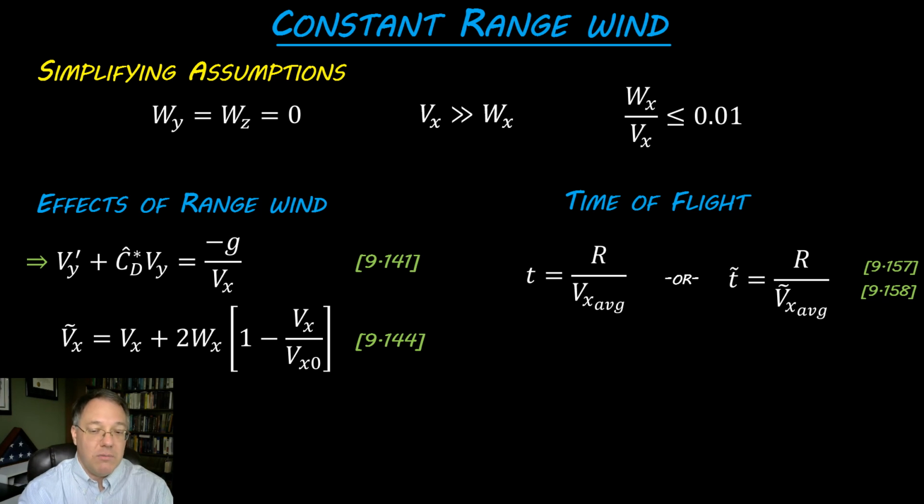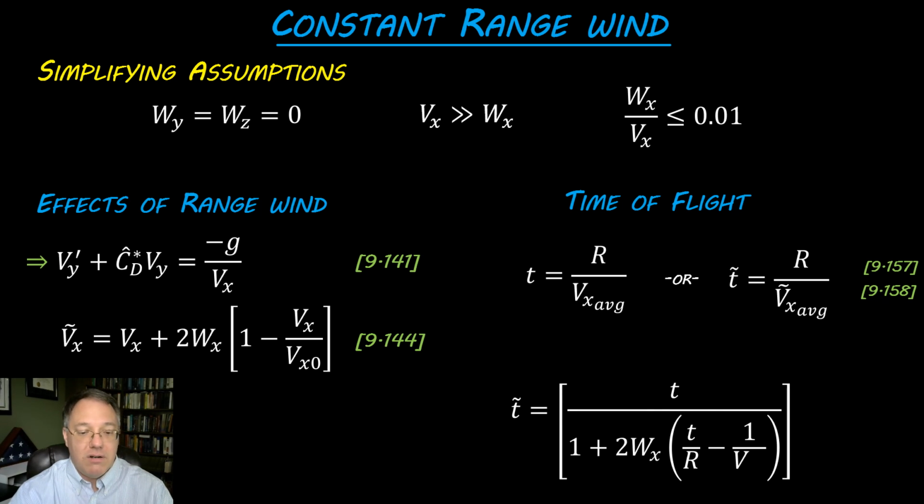So we're starting to bring in this wind effect. Now what is our t tilde? Well, we substitute the earlier equations into this and average them out, and we get equation 9.159 for calculating our time of flight in the presence of our constant range wind.